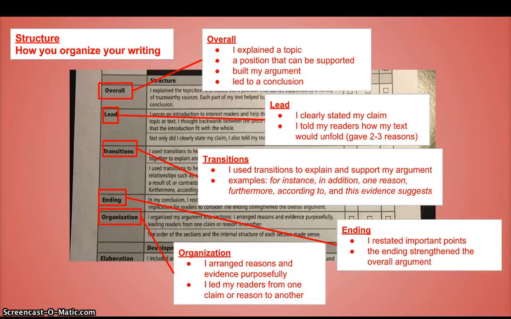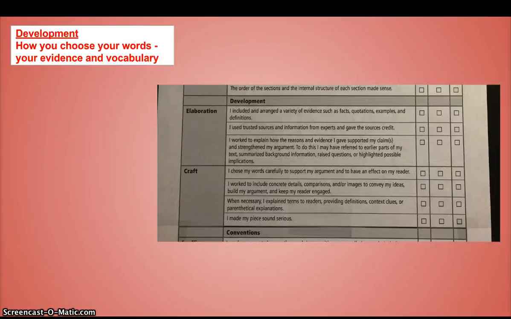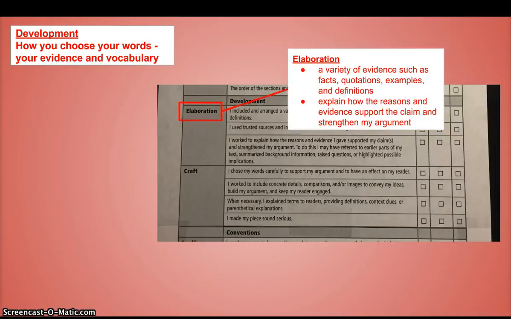Okay, so that's structure. Some of these things you already know. See, you just need to put them back into your brain to make sure you add them to your essay. Now that you're reminded, easy peasy. That's structure. Next, development. The first category of development and how you choose your words, your evidence, and vocabulary would be elaboration. You want to have a variety of evidence. Don't just stick to the same thing.